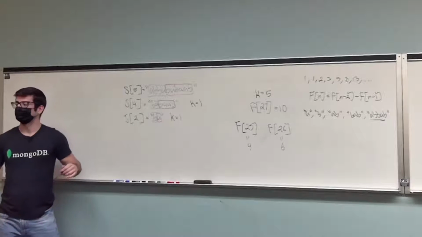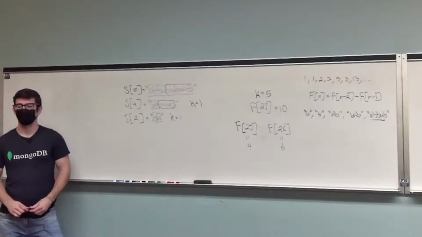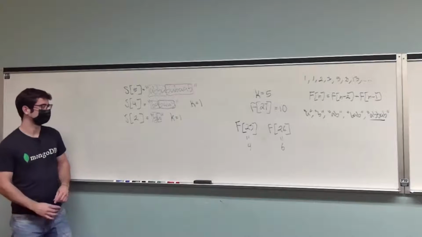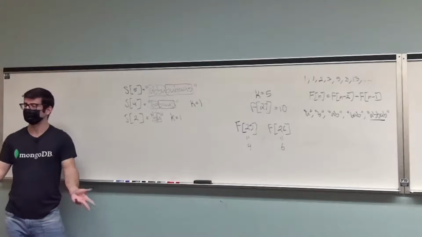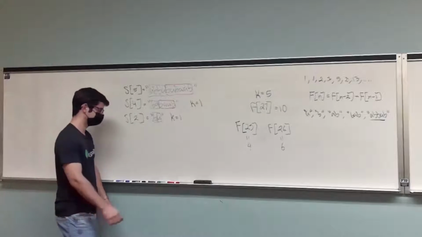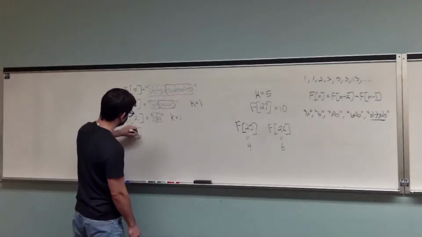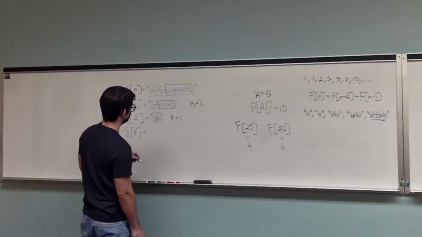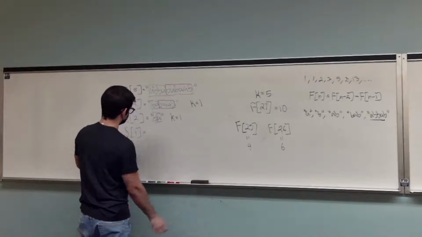Left or right? Right. Okay, why? N minus 1. Yes, that's correct. Everyone agrees with that? That we have to look at the right side? Cool. Now we're left with S of 0. No, actually, S of 1, sorry. Which is what?